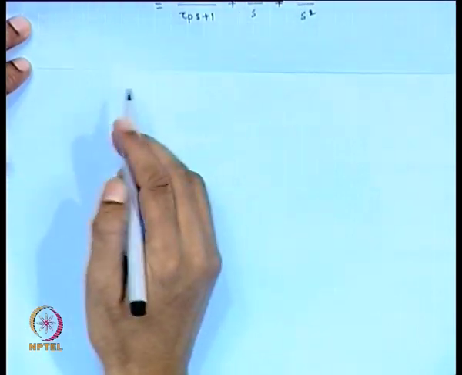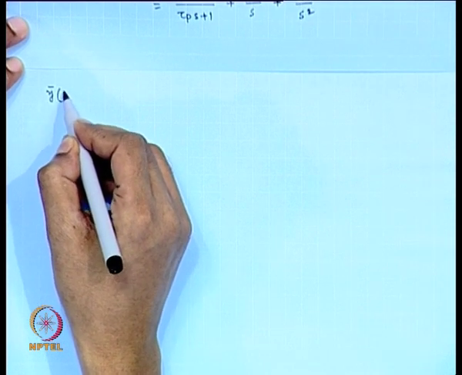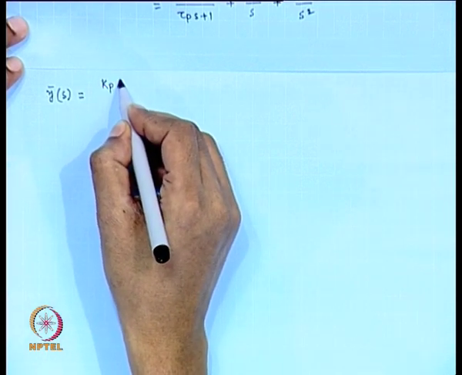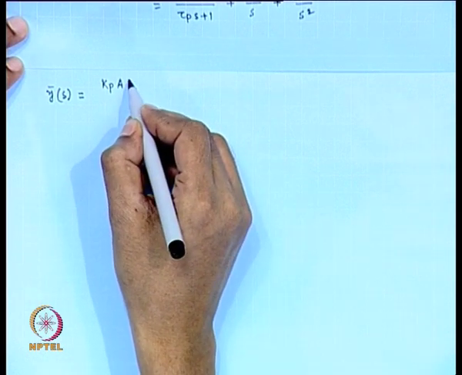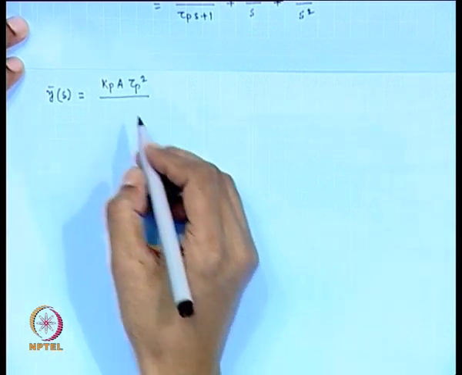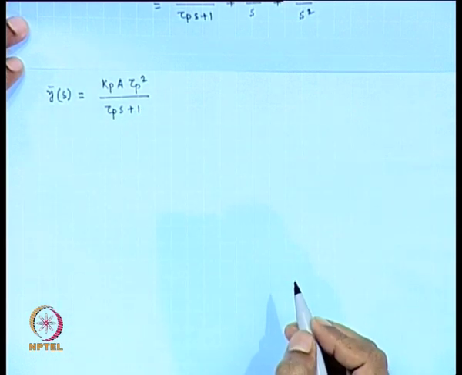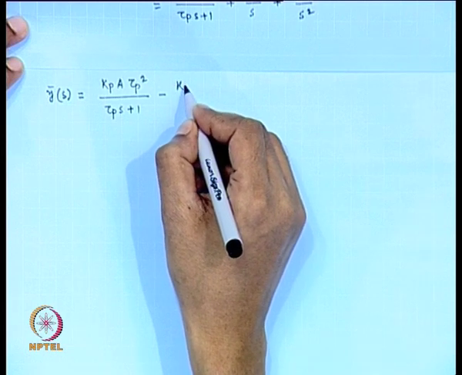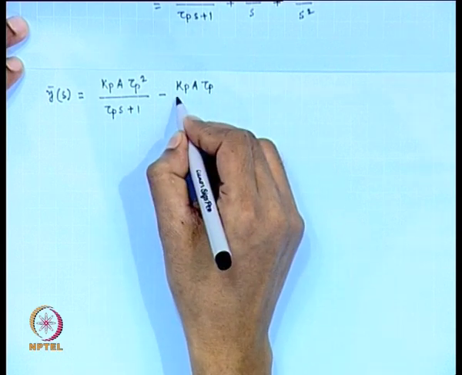And finally, we will get y bar s equal to K p a tau p square divided by tau p s plus 1, and the next term K p a tau p divided by s.